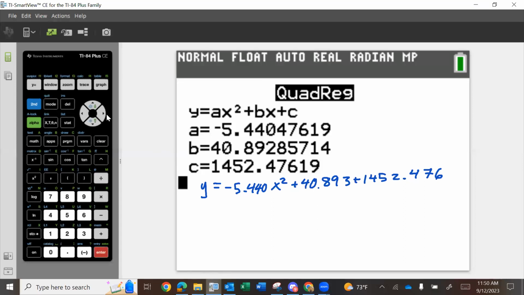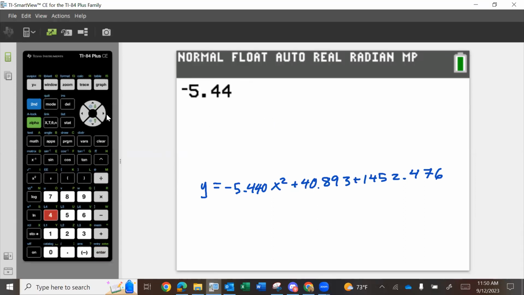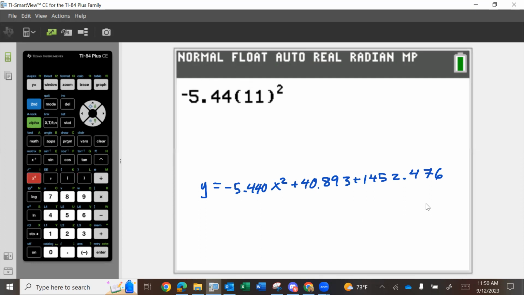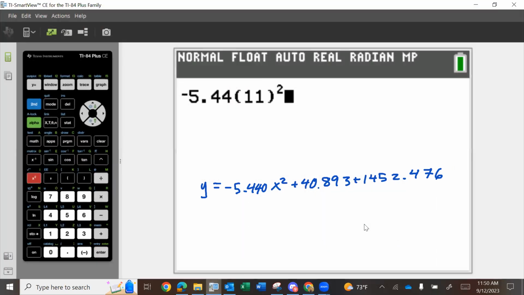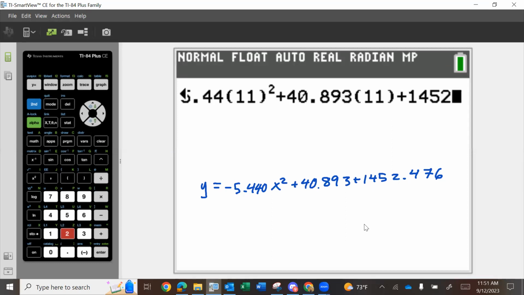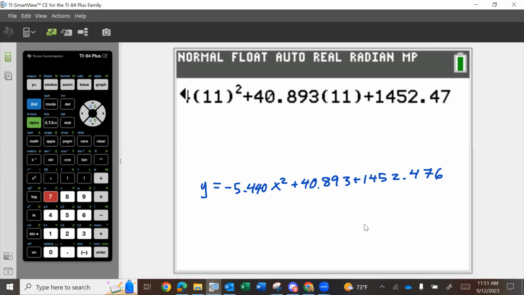So I'm going to go negative 5.44 times 11 squared. I'm just plugging year 11 in for x, because in this problem, the years are the x values. Then plus 40.893 times 11, plus 1452.476.